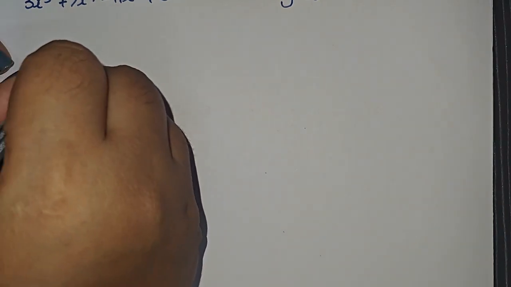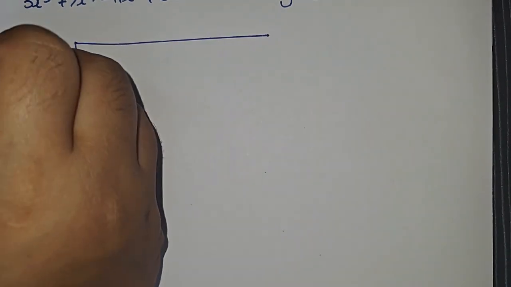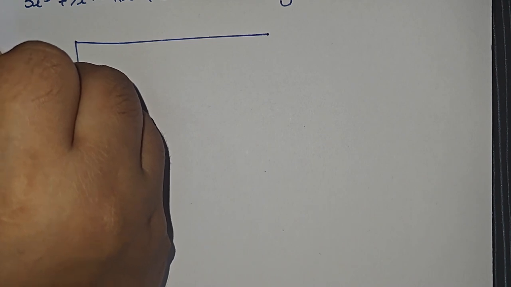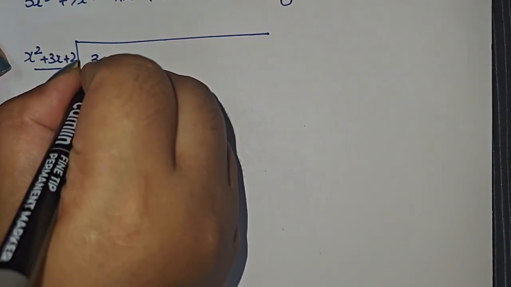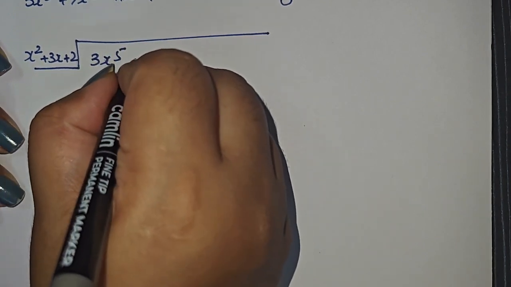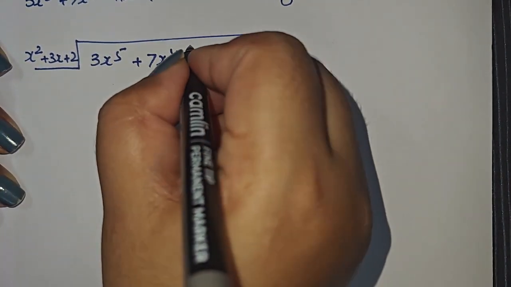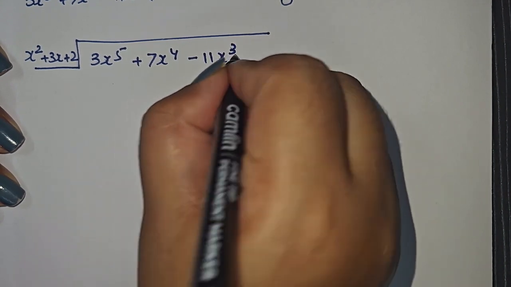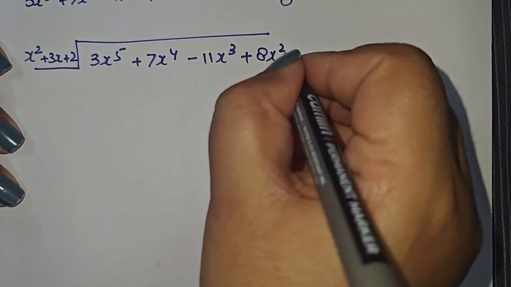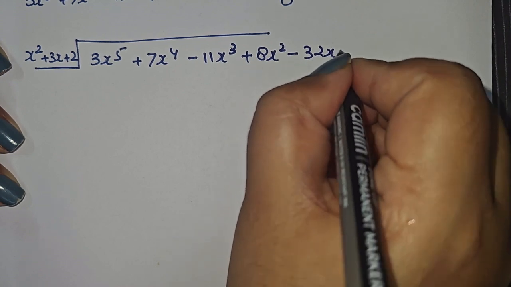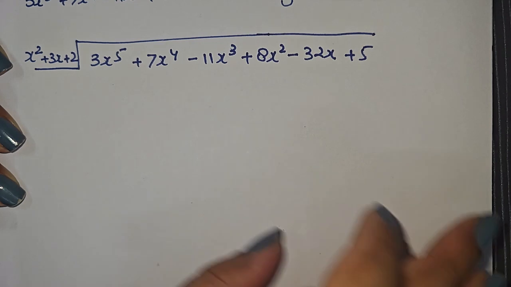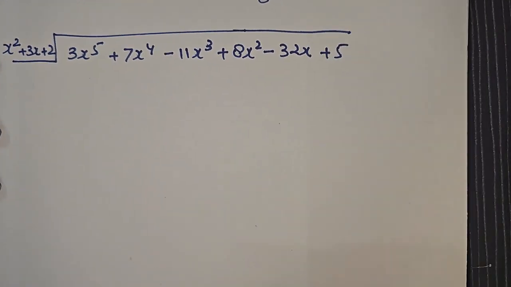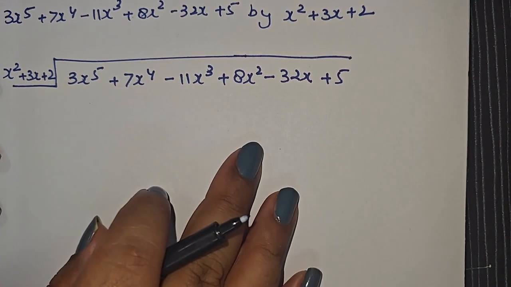This can be written as x square plus 3x plus 2, and we have 3x to the power 5 plus 7x to the power 4 minus 11x to the power 3, 8x square minus 32x plus 5. We have pretty large digits, but if you go step by step, you will never go wrong.